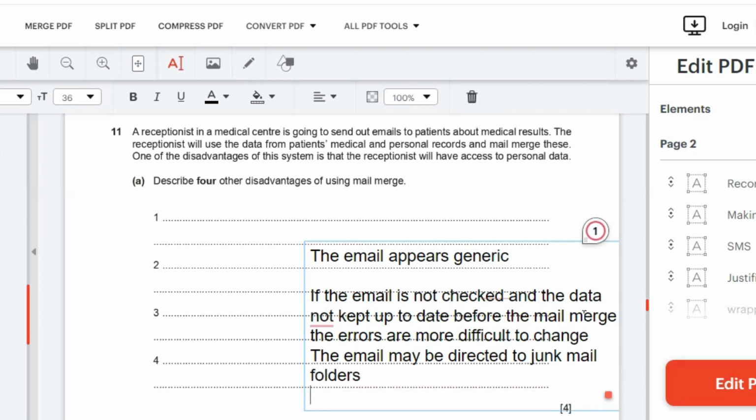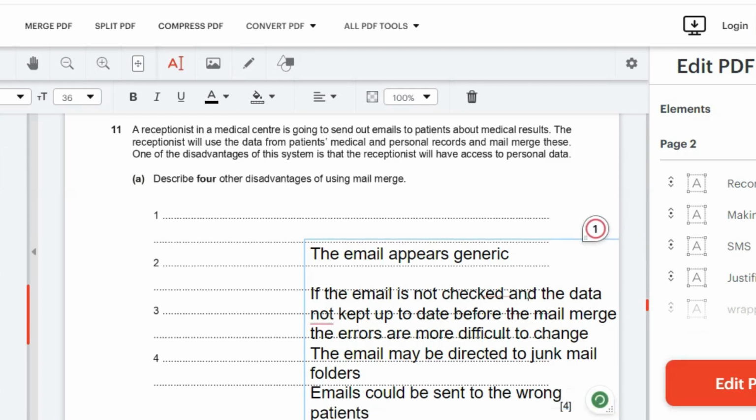Then number 4, last but not the least, emails could be sent to the wrong patient.